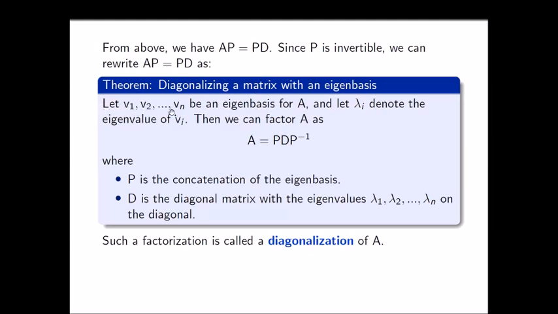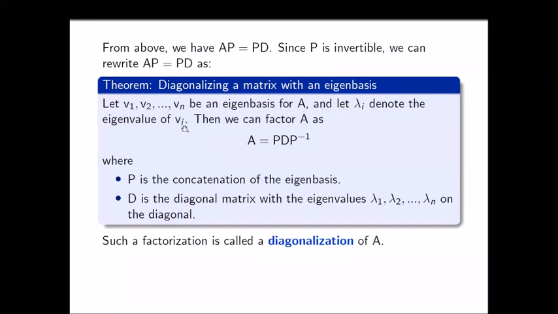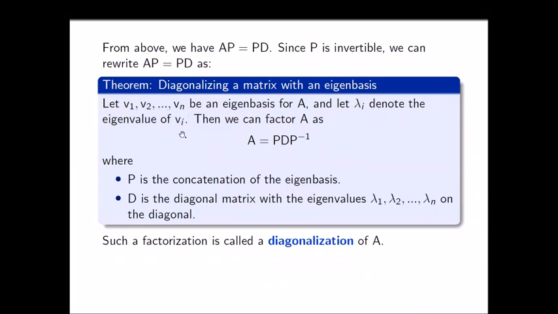The theorem says that if we have an eigenbasis for A, and lambda i denotes the eigenvalue corresponding to vi, where vi is one of the eigenvectors in the eigenbasis, then we can factor A and rewrite it as a product of P times D times P inverse, where P is the concatenation of the eigenbasis and D is the diagonal matrix with the eigenvalues lambda 1 through lambda n on the diagonal.